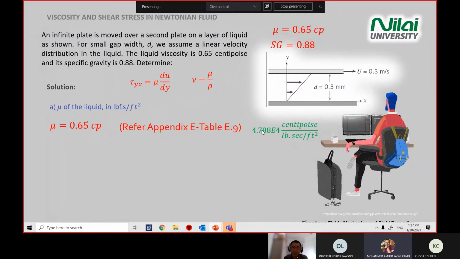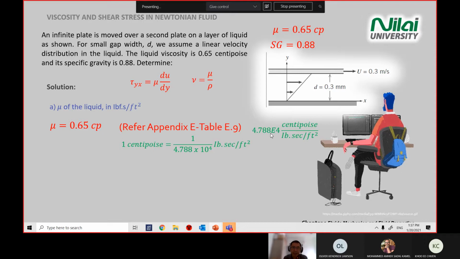From the table, you get 4.788 E4 centipoise over pound second over feet square. So it just means that 4.788 10 power 4 centipoise equals 1 pound second per feet square. But we are given in centipoise, so we do the conversion.